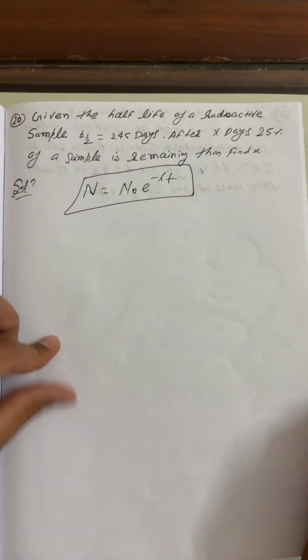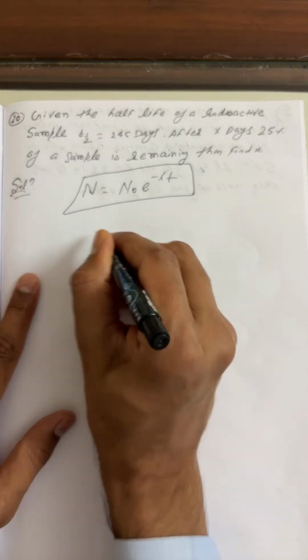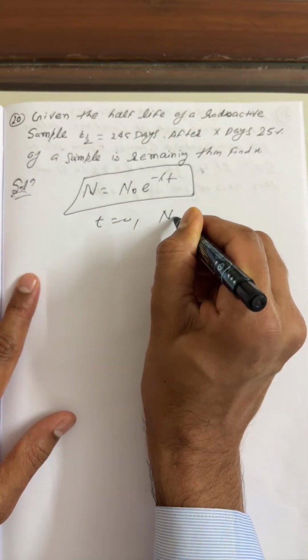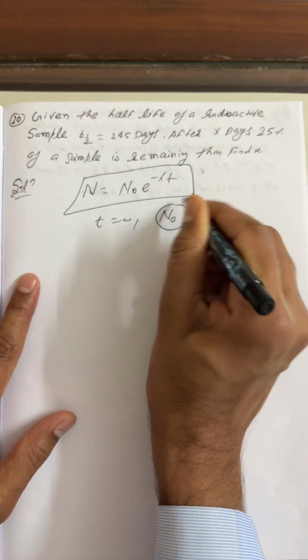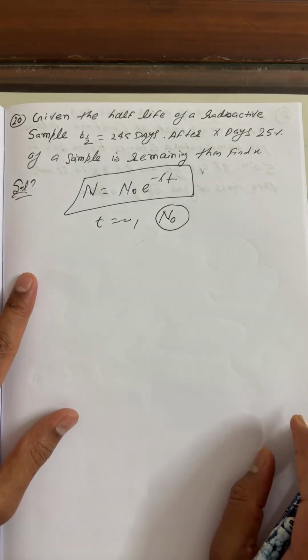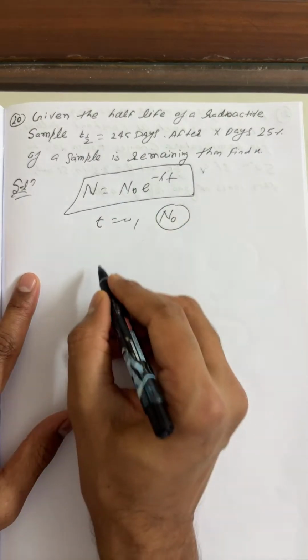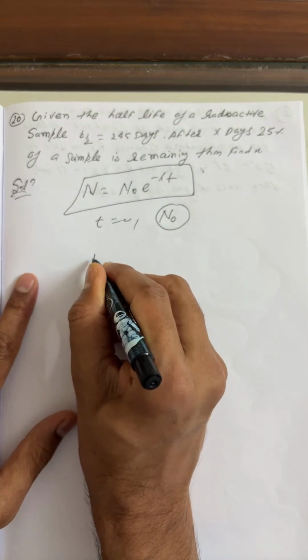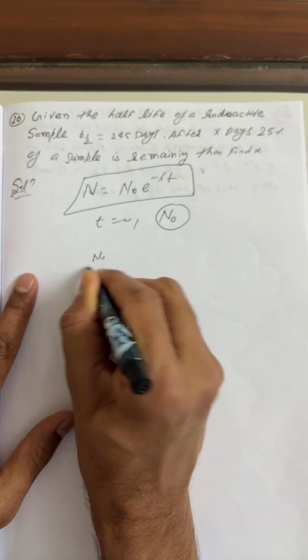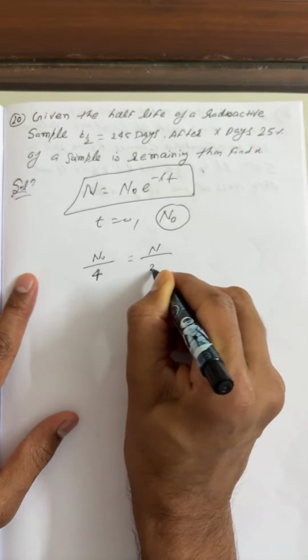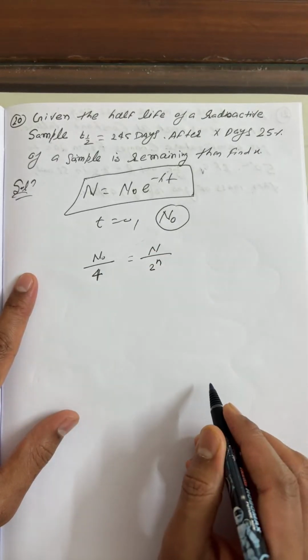Okay. So here, students, if time is zero, what is the initial nuclei? I'm considering N naught. What's in the question? This is 25%. So we can think like that: this is N naught by 4, which is N naught upon 2 to the power n.